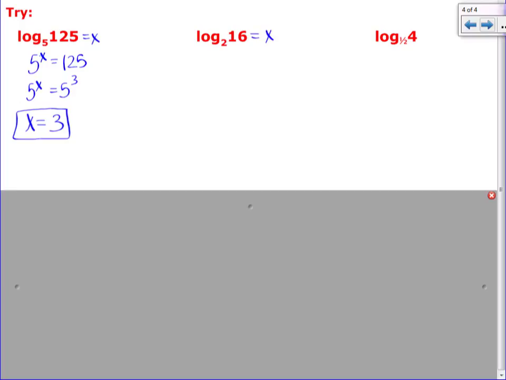Okay, so this one we set equal to x. We change to exponent form. 2 to the x is 16. Change them to their base numbers. And then set your exponents equal. This one's a little bit different. Set it equal to x. Change it to exponent form.